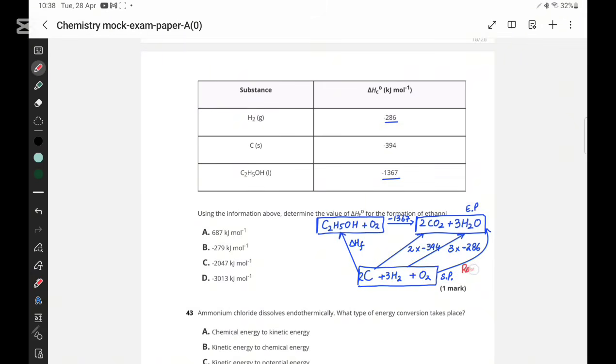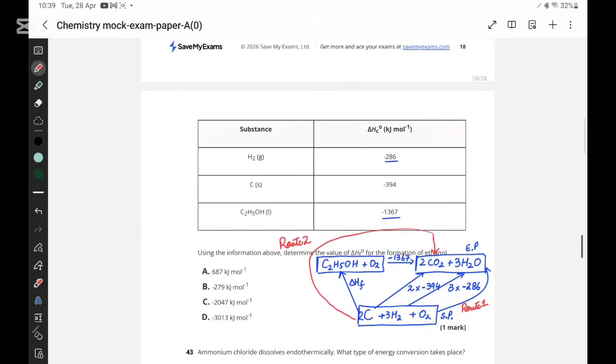This is route 1 and this is route 2. Then we take route 1 equal to route 2. Route 1 is 2 times minus 394 plus 3 times minus 286, which is equal to route 2, the enthalpy of formation plus minus 1367.